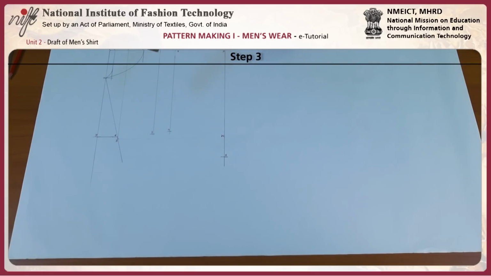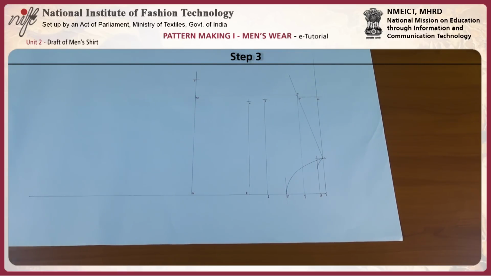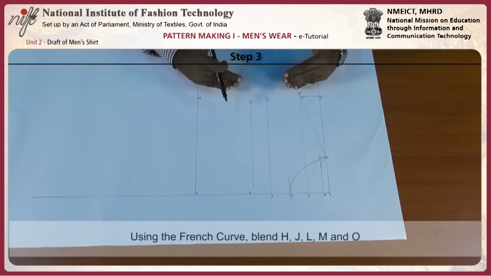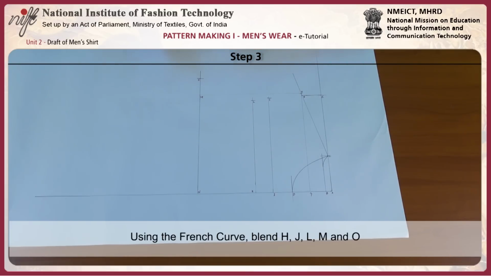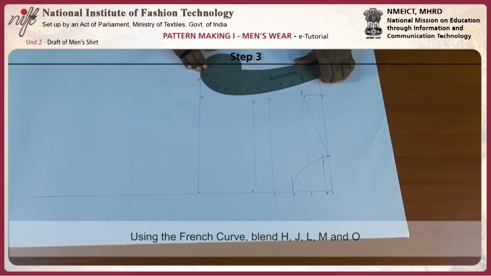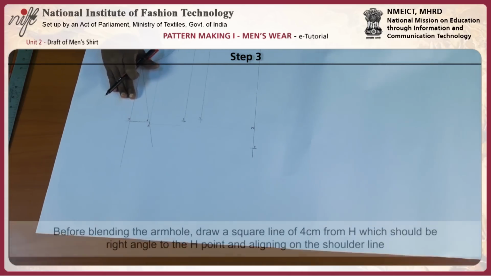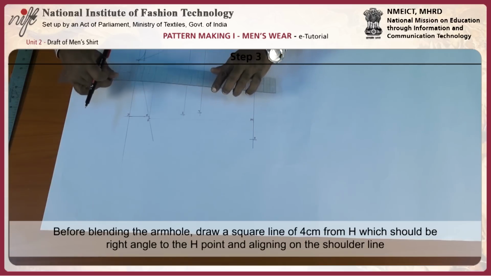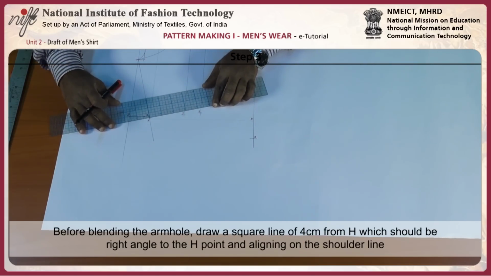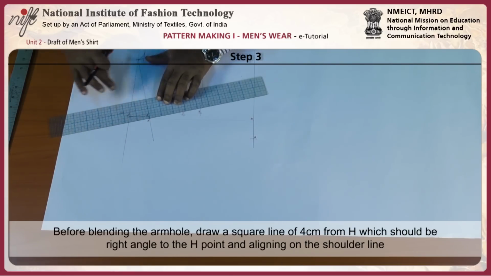Now let us blend the armhole. While blending the armhole, you can turn the sheet so that the visibility is clear, joining H, J, L, M and O. Before blending the armhole, you need to draw a square line for 4 centimeter from H, which should be a right angle to the H point and aligned on the shoulder line.